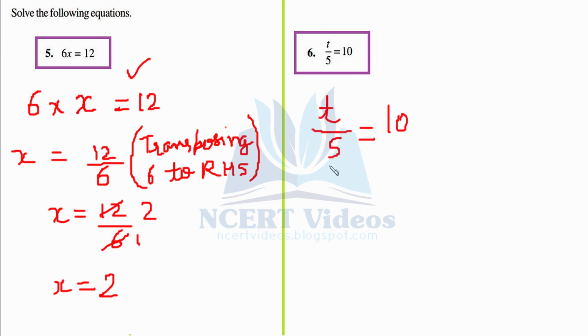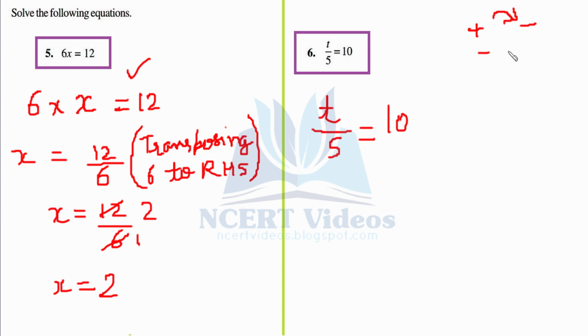We have to get rid of this denominator 5. Here it is getting divided up. When we will transpose it towards right hand side, it will get multiplied. So the simple fact is this: plus would become minus when we would transpose it to either side of the equation, and it is vice versa.